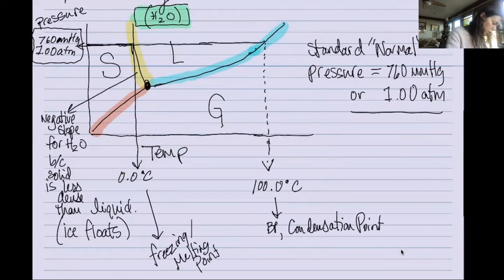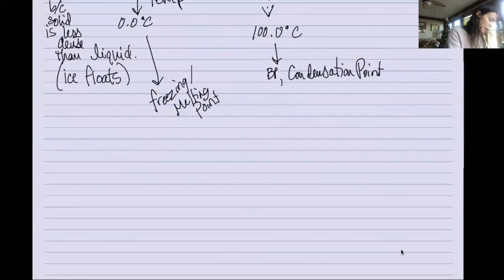If we wanted to know at what temperature this substance would sublime, we would need to look at this right here and figure out at what temp and pressure that would happen, because it's not going to happen easily. You've got to really lower that pressure. This is not to scale.